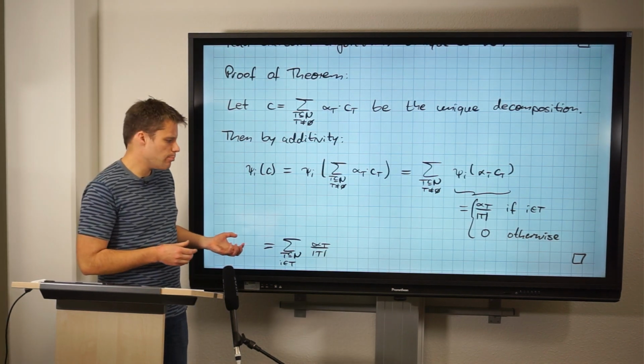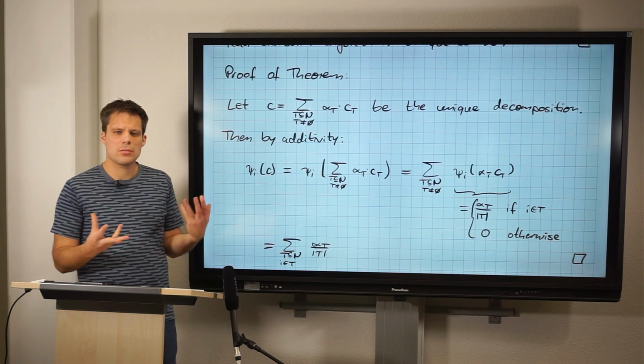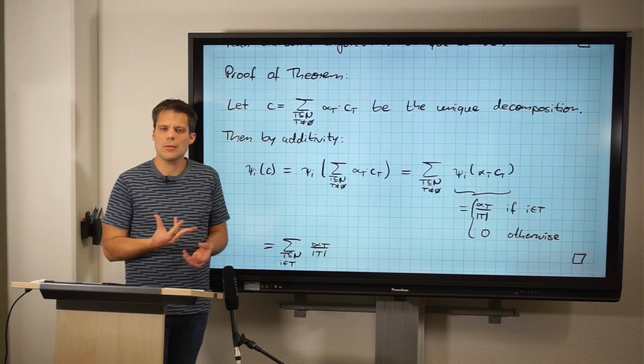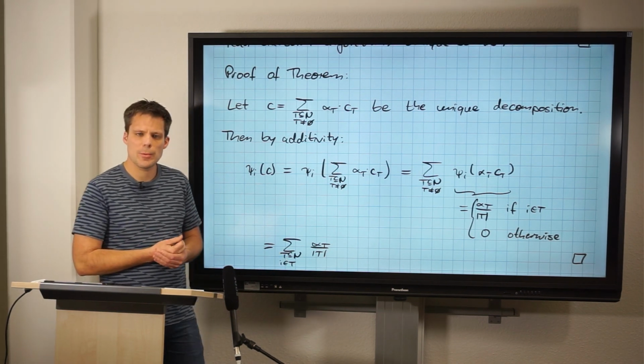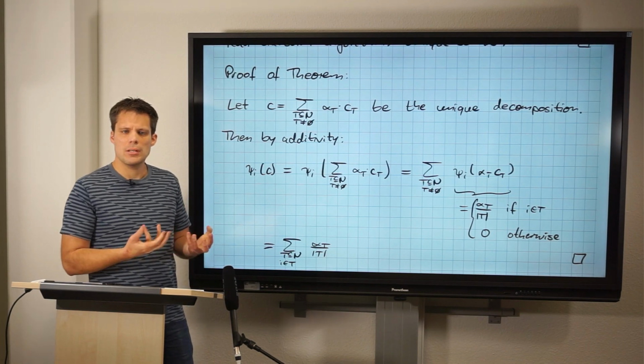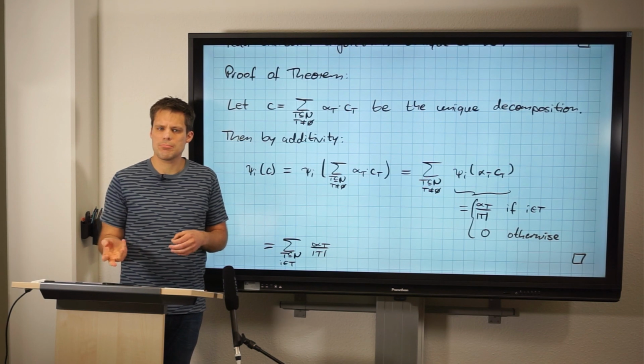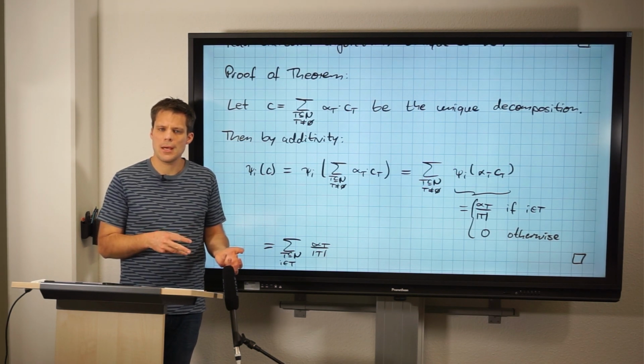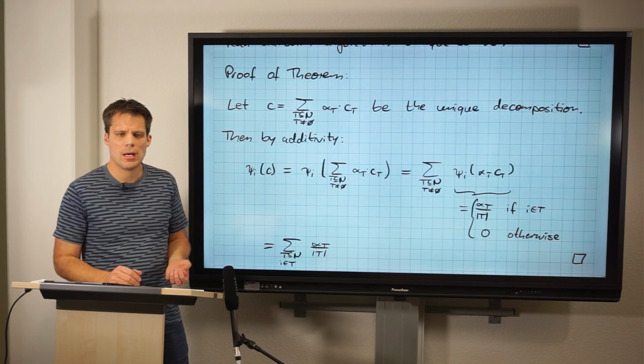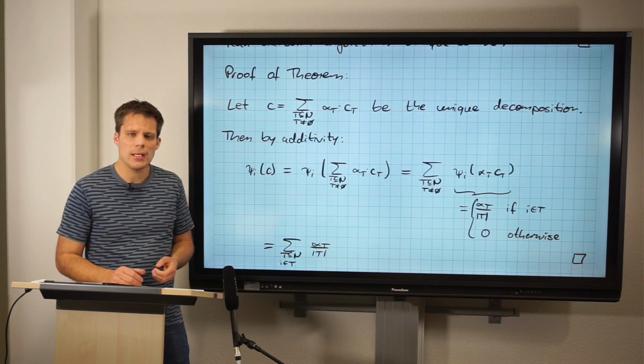And this, of course, does not look at all like this Shapley value that we were defining, but it has to be the same just because we just proved uniqueness.